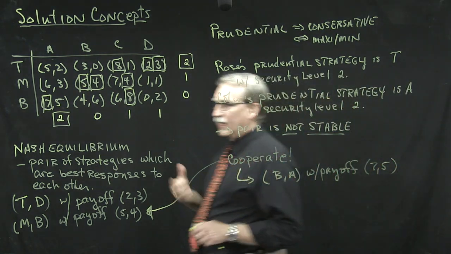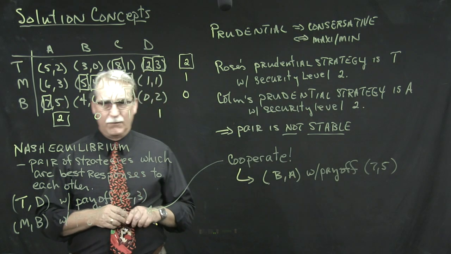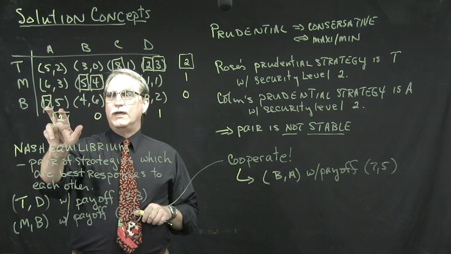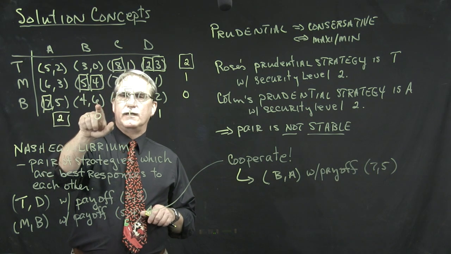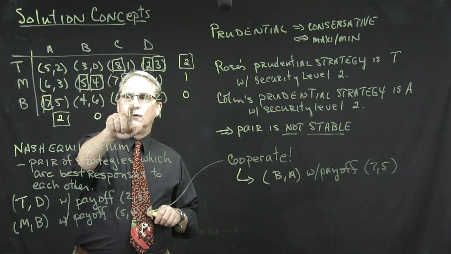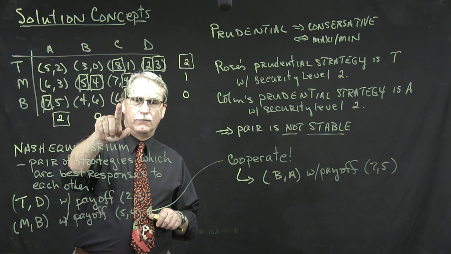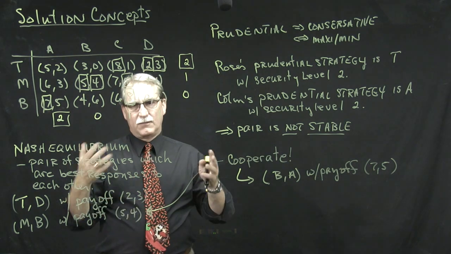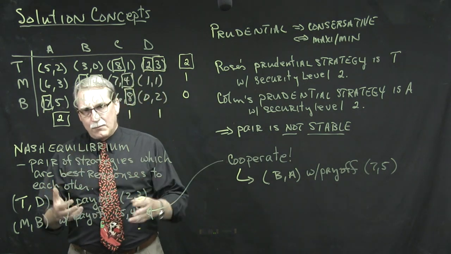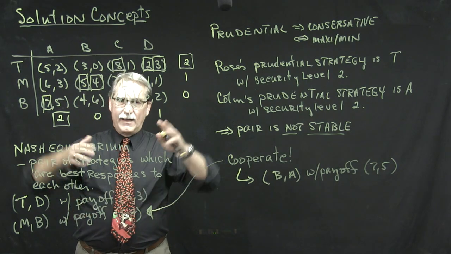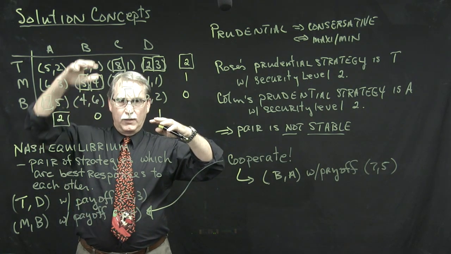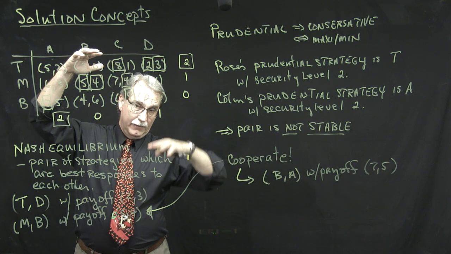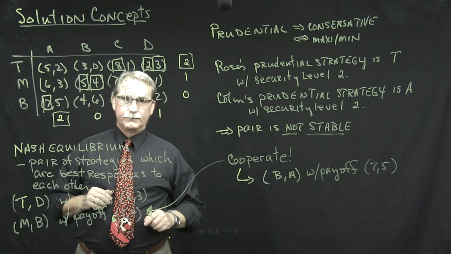And this payoff is actually the best in some sense if you cooperate, because if you're here and Colin wants to increase his payoff to the 6 or the 8, Rose's payoff would have to go down, right? So this is sort of the best cooperative solution they can get to. It maximizes what both players are getting. And for one player to increase their payoff, the other must decrease their payoff.